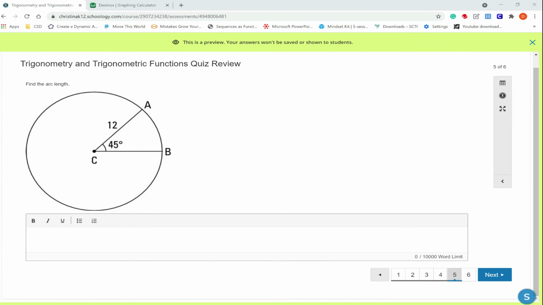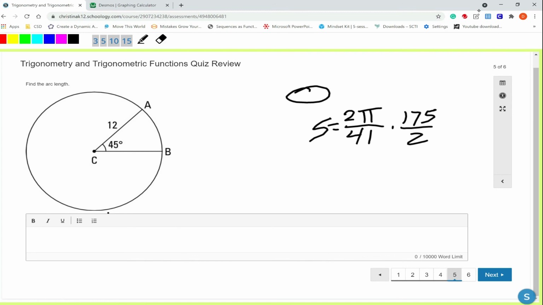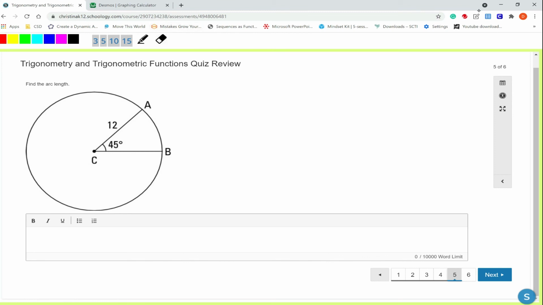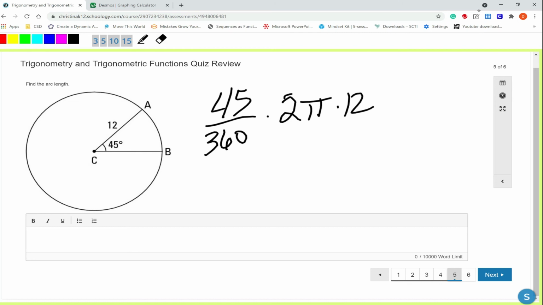Question 5 is telling us to find the arc length. So we're going to have 45 over 360 times 2 pi times 12.